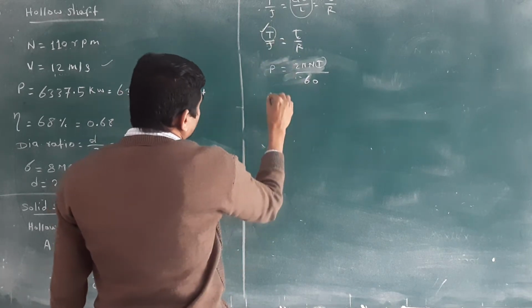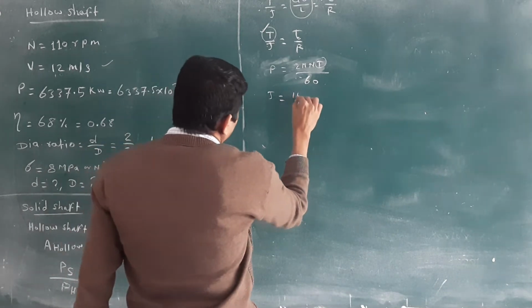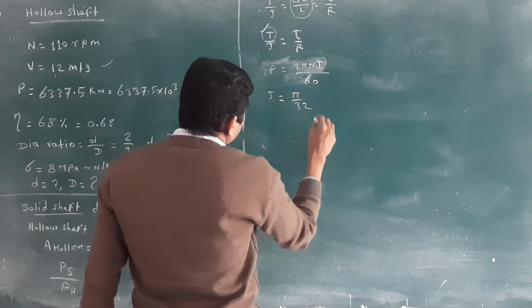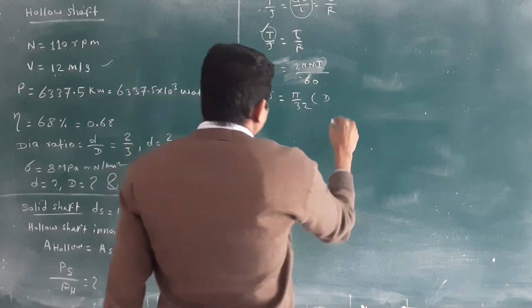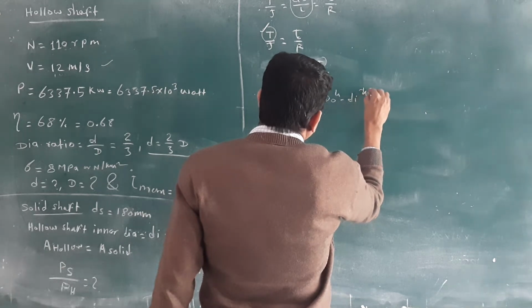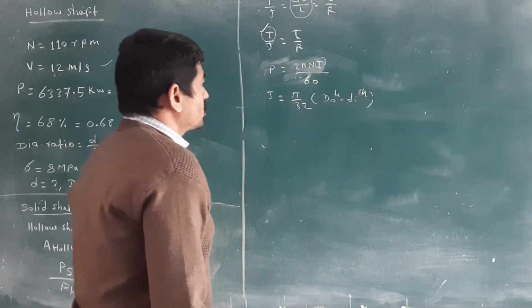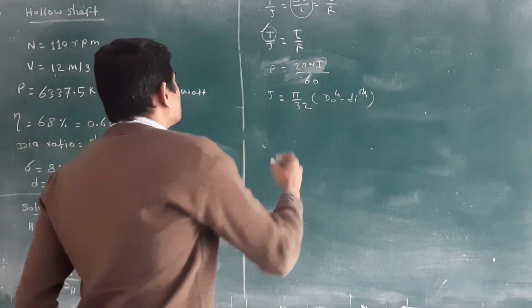Then how do we calculate J for the hollow shaft? J is equal to pi by 32 into D raised to 4 minus di raised to 4. With the help of this you will get the second value.